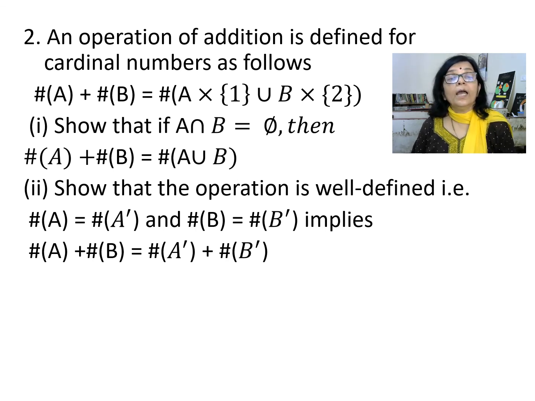Second question: an operation of addition is defined for cardinal numbers as follows. #A + #B = #(A × {1} ∪ B × {2}). First, show that if A ∩ B = ∅, then #A + #B = #(A ∪ B).